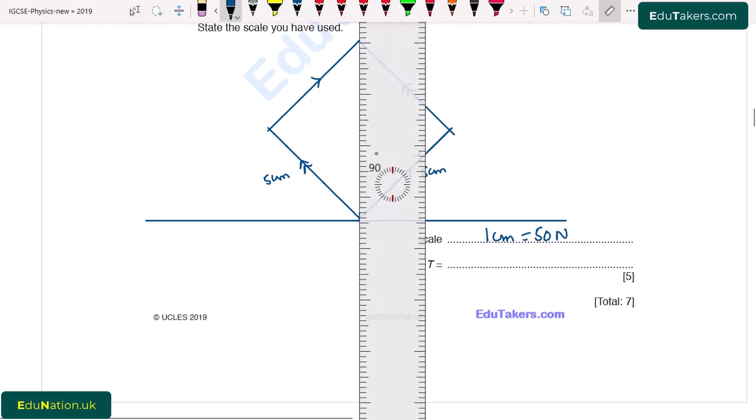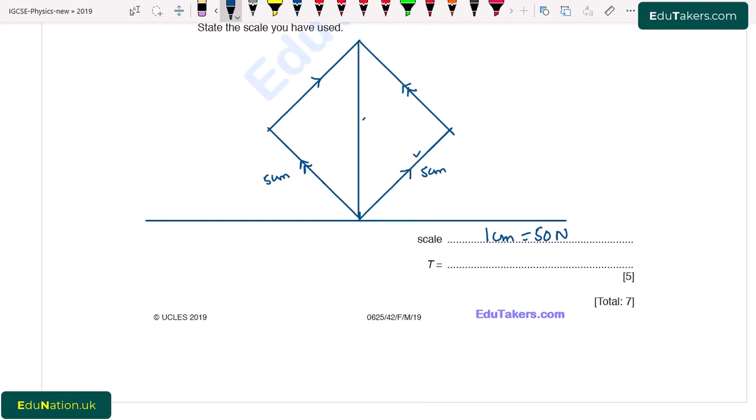This is the weight, and its magnitude is 7.2 centimeter. So I write here tension value is equal to 250 newtons, or it is also equal to 5 centimeter.